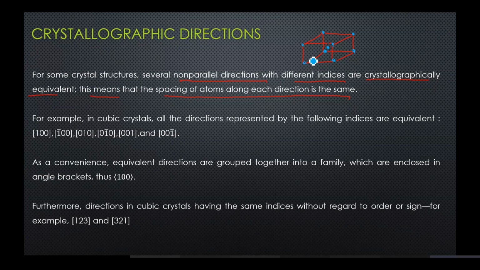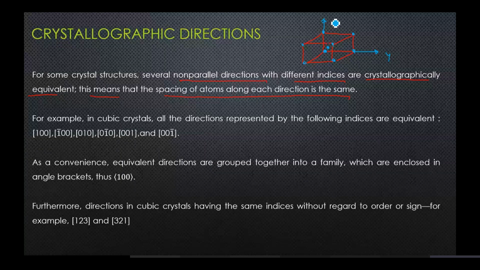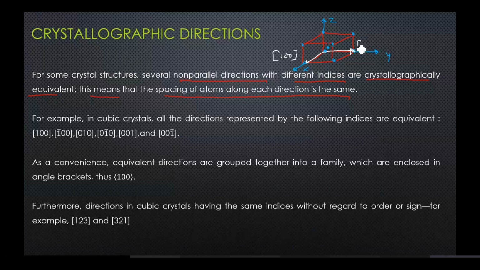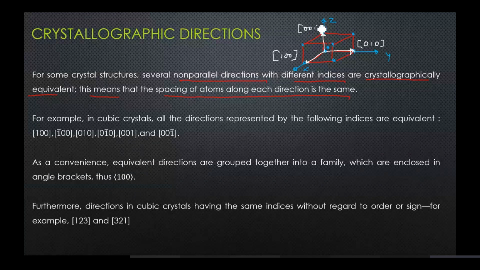Now, my positive y direction is this, my positive z direction is this, and my positive x direction is this. If I have this direction, it is essentially the 1, 0, 0 direction. Similarly, this direction is essentially the 0, 1, 0 direction. Or let's say this direction is essentially the 0, 0, 1 direction.